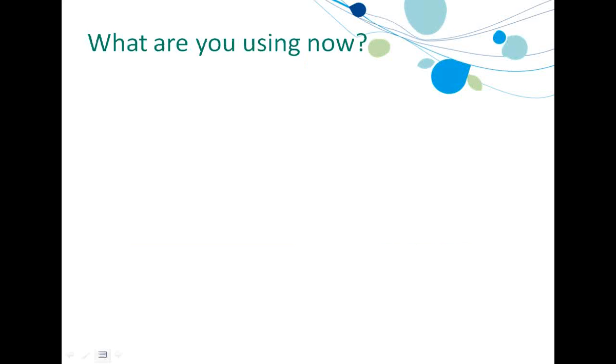So let's start out our conversation regarding recruiting to talk about what you are currently doing. In our discussions with a lot of our clients, we find that many of them are still using paper applications and file folders. I know that was the method I used when I did recruiting for my organization.